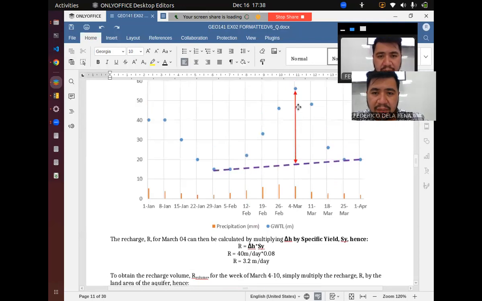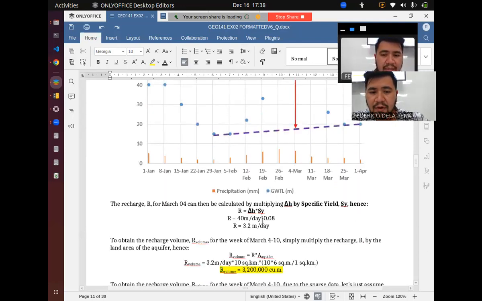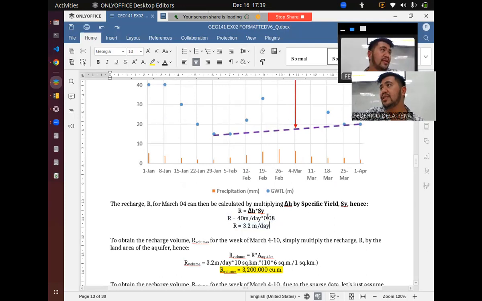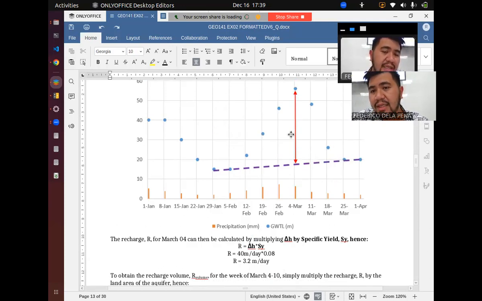So this is like 40 meters, no? 40 meters rise. Okay. So 40 meters, just multiply it by the specific yield, you will get like 3.2 meters na depth ng water table, ng water rise, no? So just multiply 3.2 meters by the aquifer area, yun na yung total volume ng recharge for that day. Okay.